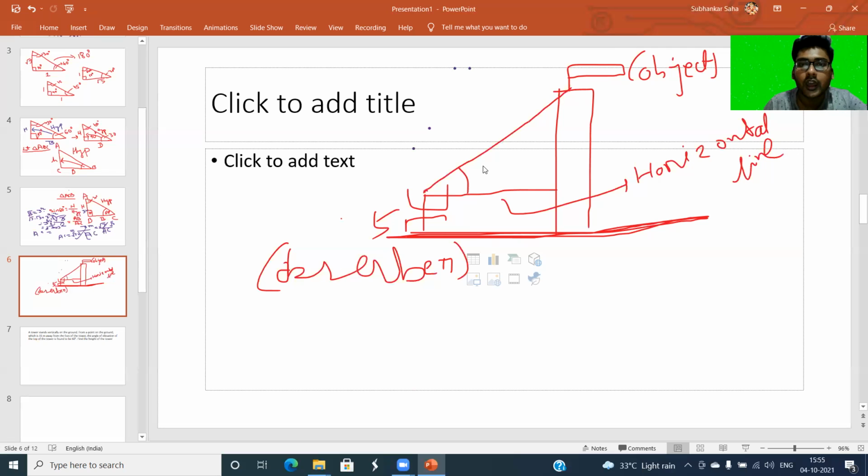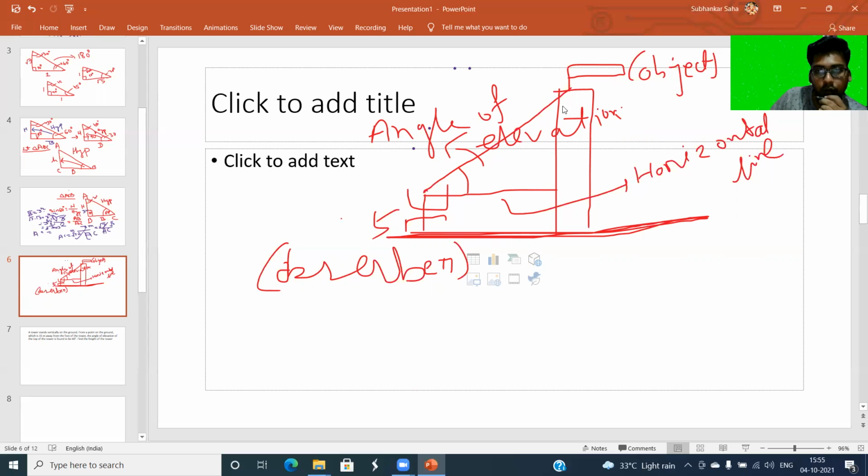This angle is called the angle of elevation. What is the angle of elevation? If the object point is above the horizontal line, then it is the angle of elevation.